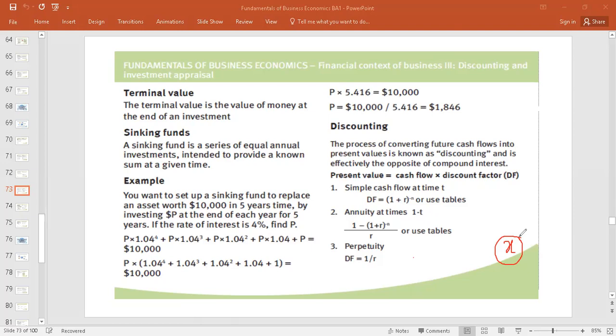The example given is: you want to set up a sinking fund to replace an asset worth $10,000 in 5 years' time by investing P at the end of each year for 5 years. If the rate of interest is 4%, find P. P is the principal amount.